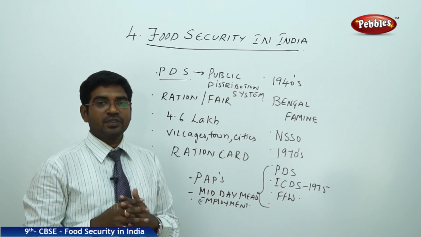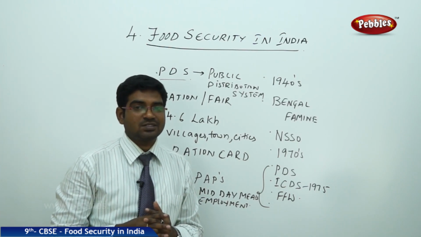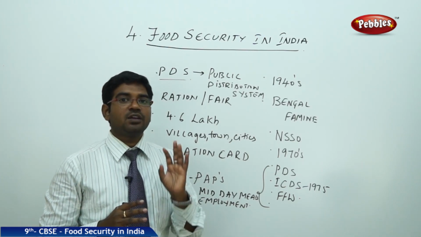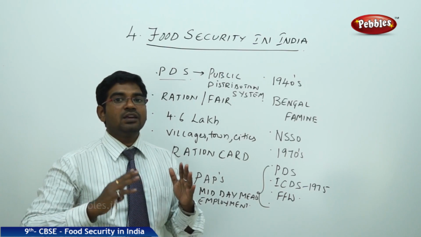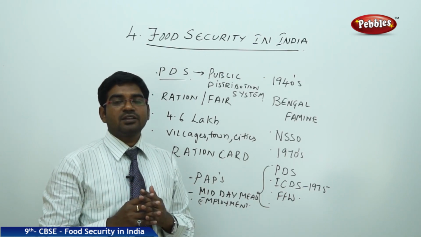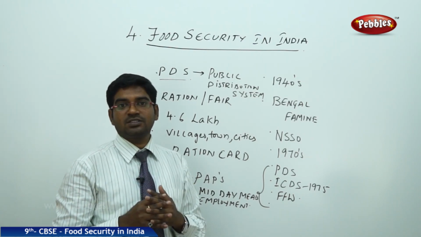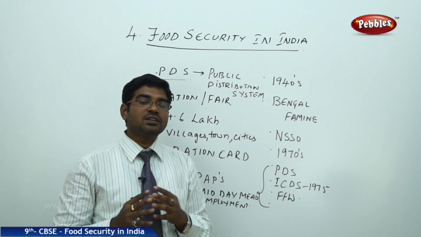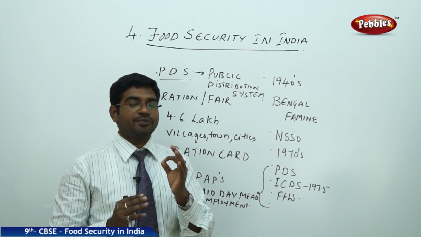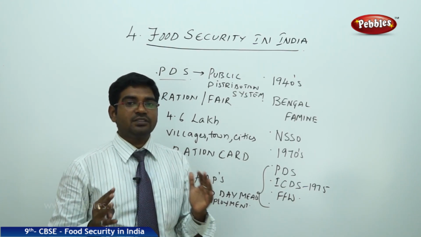The National Food for Work program was started on 14th November 2005, and it targets 150 districts identified as backward districts. It is a 100% centrally sponsored program, and the states do not have anything to do.